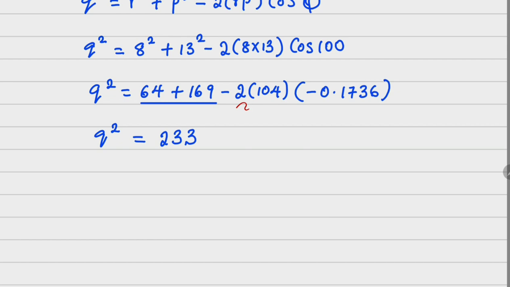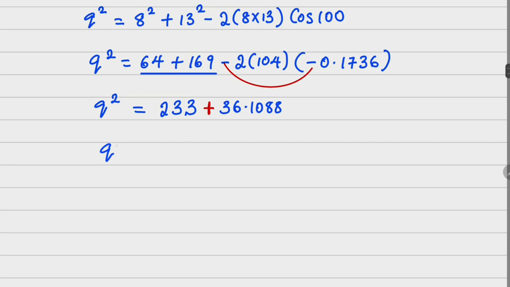All right, then now watch what is going to happen. You see, I'm going to multiply everything here, but this minus and this minus, when multiplied, becomes plus. Please take note of this. It's very important because students do have issues with that. Now multiplying everything there is going to give me 36.1088. Now q squared will be equal to 269.1088.